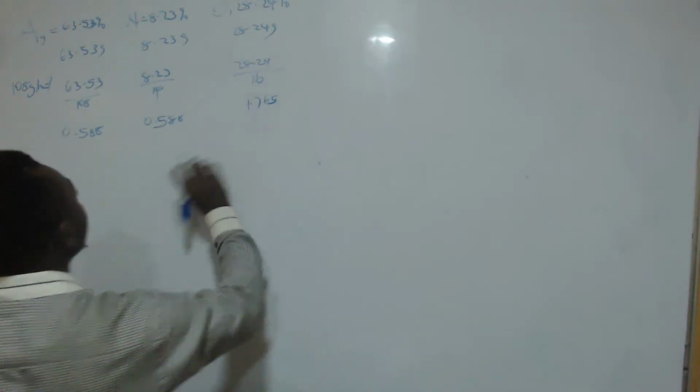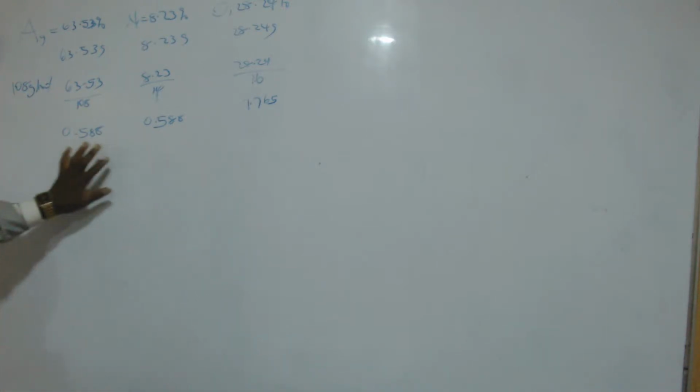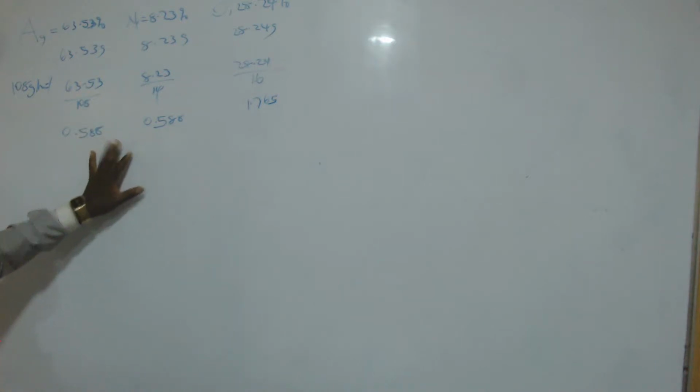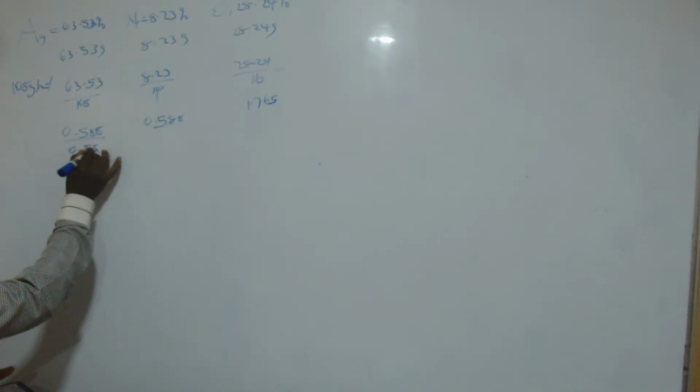Now the next step is to divide by the smallest amount. The lowest amount among these is 0.588. So you divide each by 0.588.